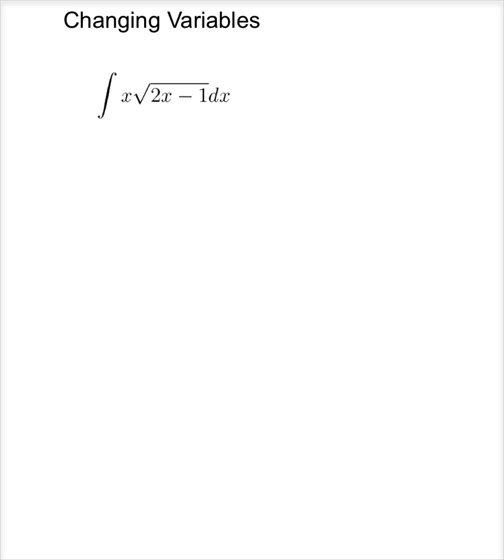Now, sometimes changing variables is a little bit more work. Let's look at this function right here. Remember I told you, set this equal to u. So let u equal 2x minus 1, and then du is 2 dx. That's all fine, but I've got this extra x out here.